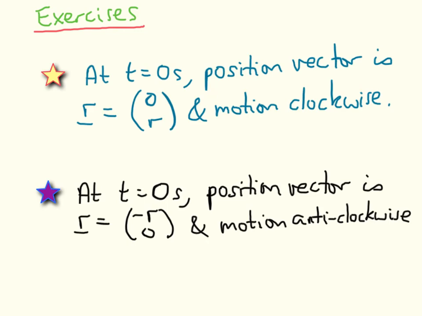So here are two exercises for you to work out. How would you describe circular motion such that at time t is 0 seconds the position vector of the particle is 0, r and motion is clockwise? And secondly, the final exercise, at t is 0 seconds the position vector is minus r, 0 and motion is anti-clockwise.